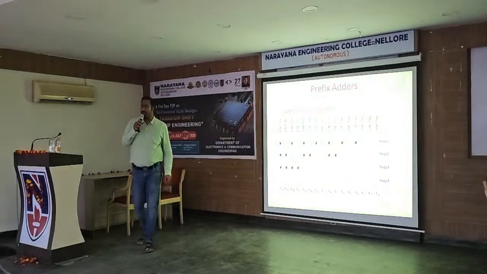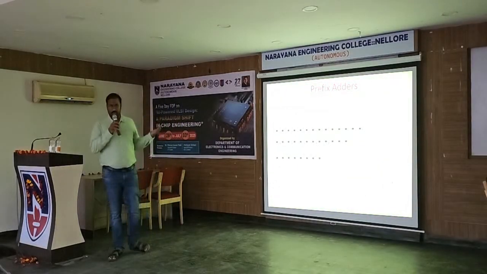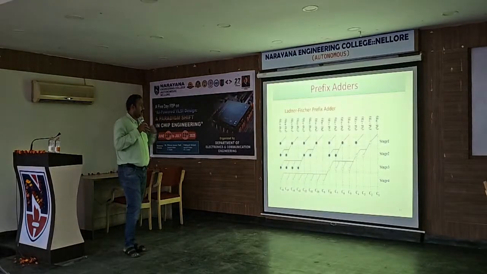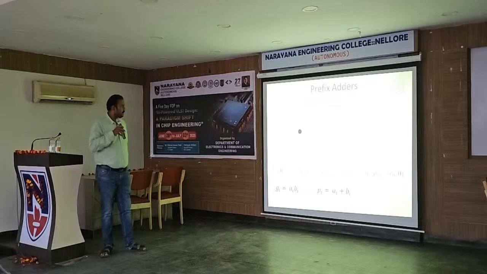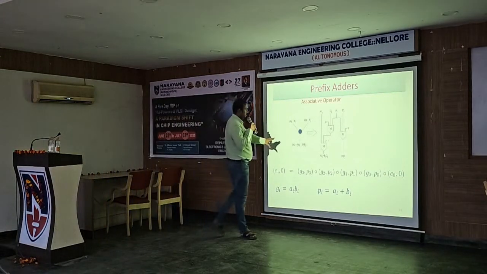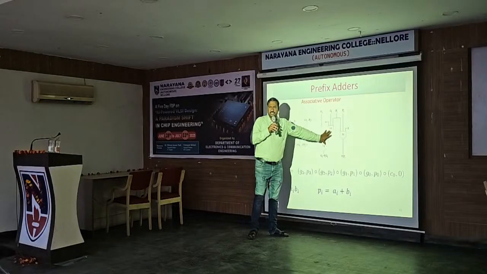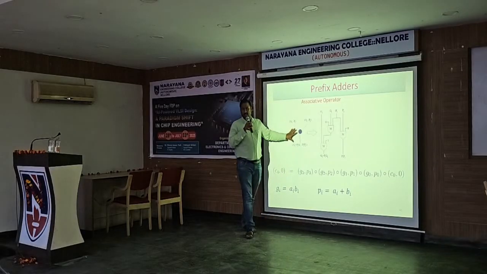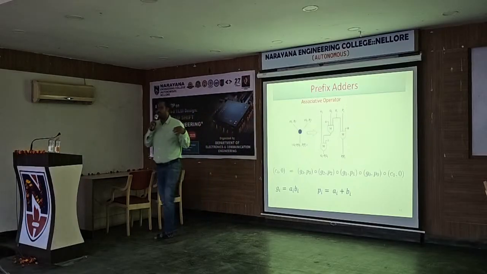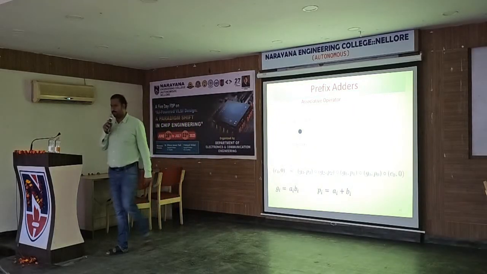So the problem is, here I have taken 3 majority gates it takes to compute this prefix operator. And why can't we compute this in 2 majority gates?